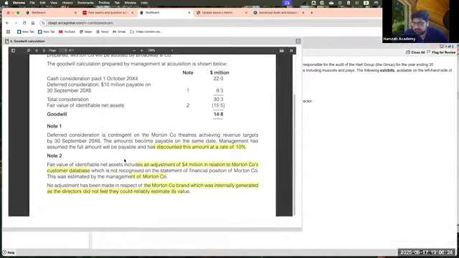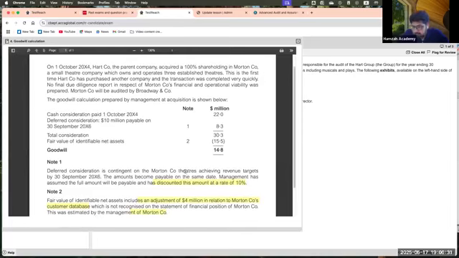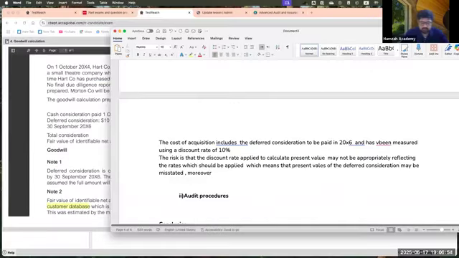Now, students, deferred consideration is dependent upon the theaters achieving certain revenue targets. Moreover, the deferred consideration is based on the revenue targets to be achieved by theaters.